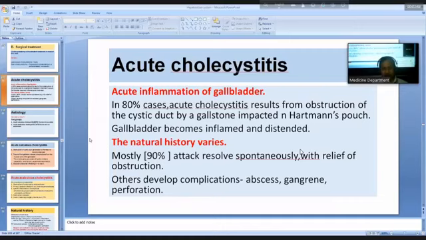It contains one or more echogenic structures casting posterior acoustic shadow. Other investigations we usually do for assessment of the fitness of the patient. And ultimately we do cholecystectomy for the treatment, and usually the procedure is laparoscopic cholecystectomy.